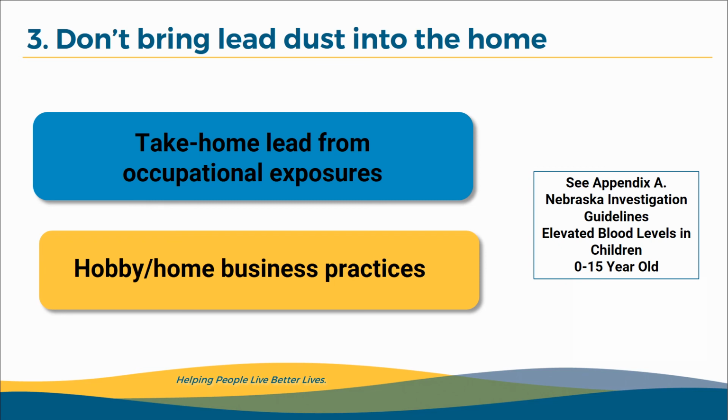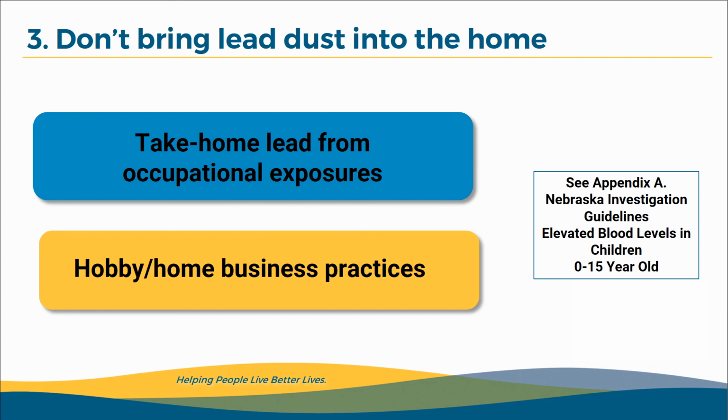Some hobbies, such as making bullets or sinkers, jewelry, pottery, or stained glass, expose families to lead. Encourage families, if possible, to use materials that don't contain lead, such as pottery glazes without lead and copper shot instead of lead in bullets.